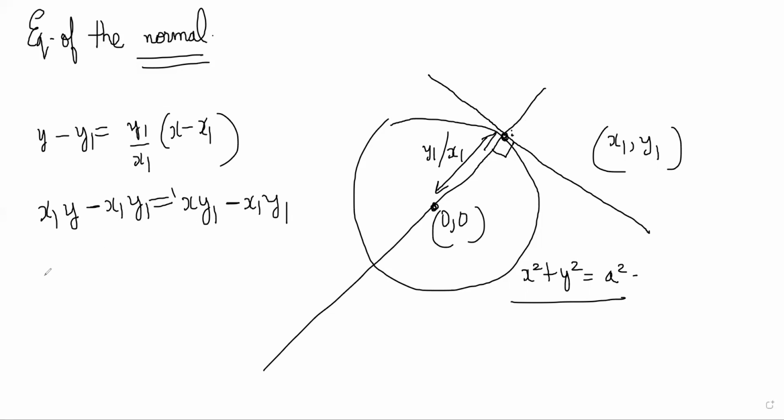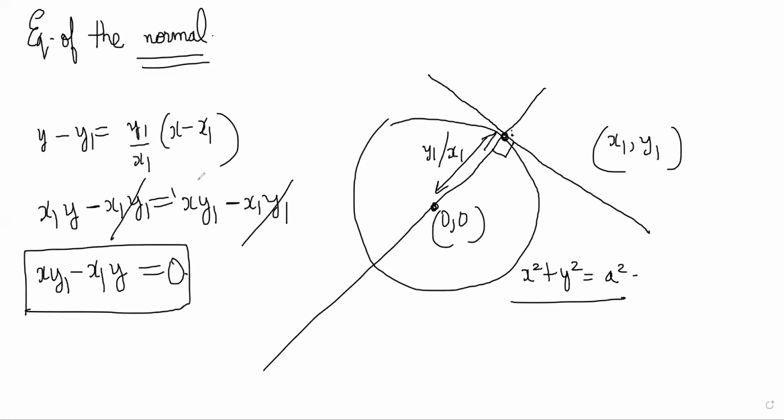And this can be written as xy1 minus x1y is equal to 0, since the x1y1 terms cancel, right? Actually, we didn't need to do all of this because this is a line from the origin, so y is equal to mx is the equation, which is the same thing as this.